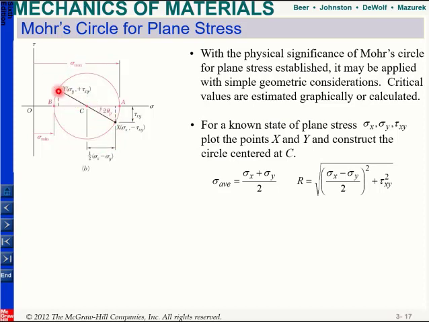When you have this circle, C will be your center, and C will be equal to your average stress, which you can find by sigma x plus sigma y divided by 2.